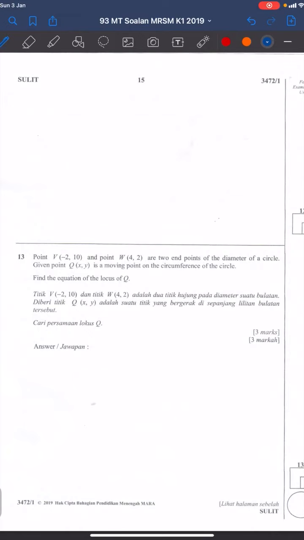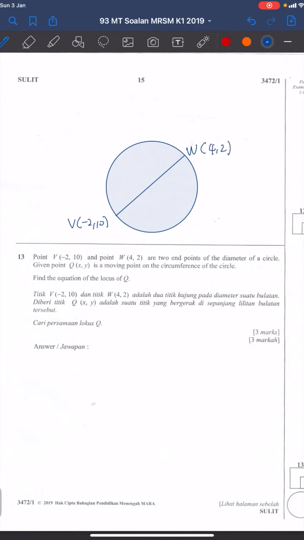Okay, so kita ada satu bulatan. Saya lukis dulu bulatan. Next saya ada satu garis, iaitu diameter. For example, saya ambil sini the V negative 2, 10. This is W, 4, 2.